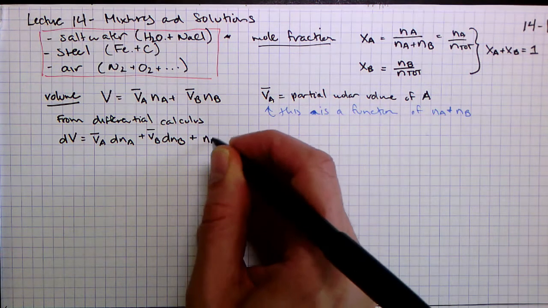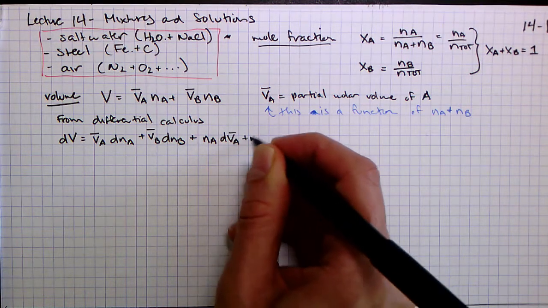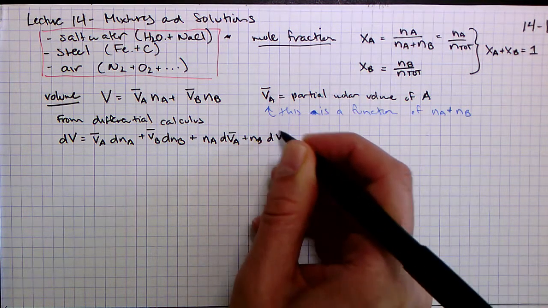That is, so we have terms that are Na dVA bar plus Nb dVB bar.